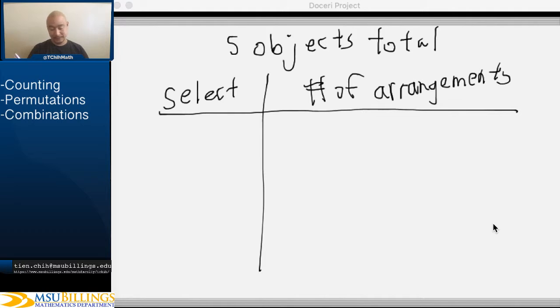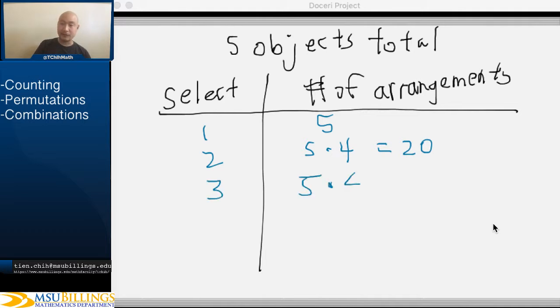Let's switch to this color maybe. All right, if I select one object, there's 5 ways to do that, right? If I select 2 objects, there's 5 times 4 ways to do that, which is 20. If I select 3 objects, there are 5 times 4 times 3, which is 60 ways to do that.